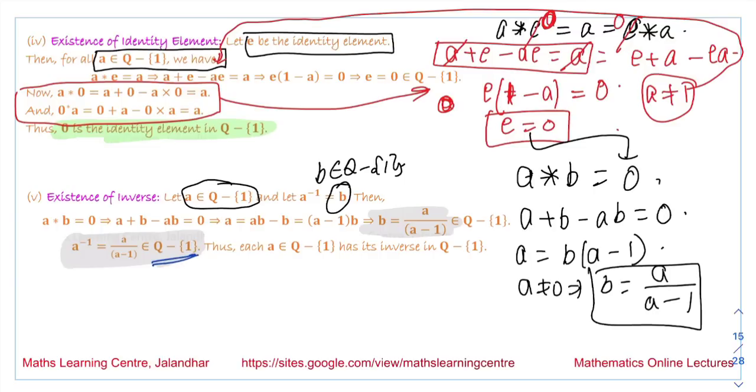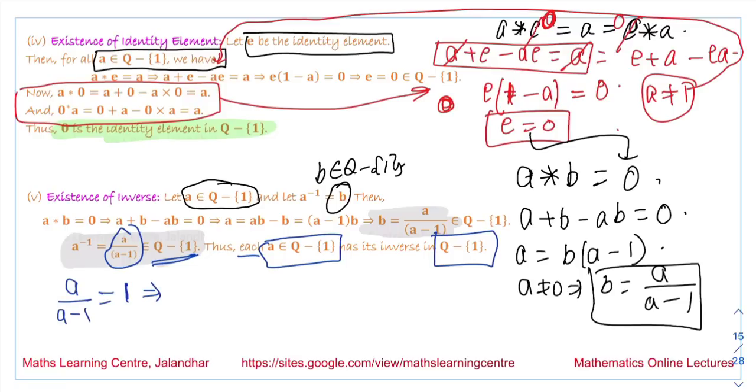Thus in each case, for a belonging to Q minus 1, the inverse exists in Q minus 1. Now it is important to note over here that this element a over a minus 1, if this element is equal to 1, then what will happen? a is equal to a minus 1, we will get minus 1 is equal to 0.